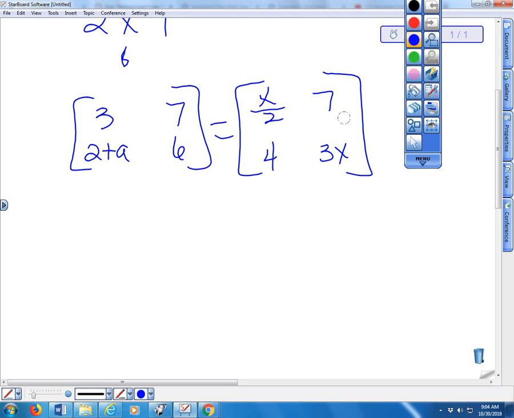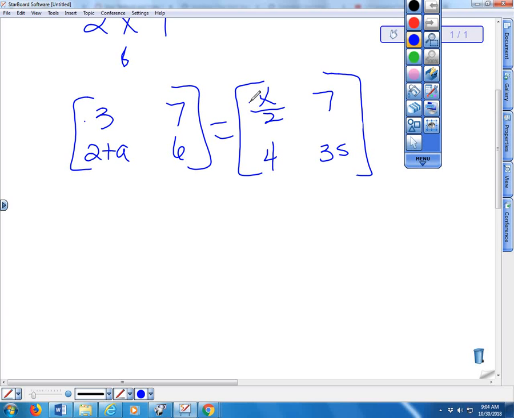Let's make this 3S. It wants you to find A, X, and S. And they tell you it's an equivalent or an equal matrix. So that means each element is equal to the same corresponding element in the other matrix. So if 3 is equal to X over 2, what's X? 6.